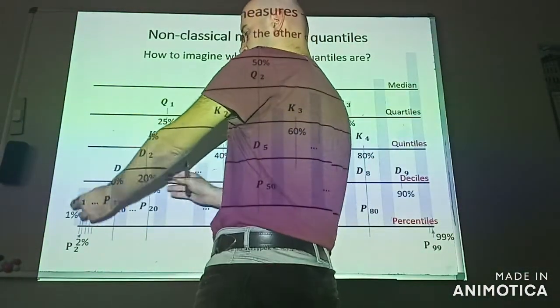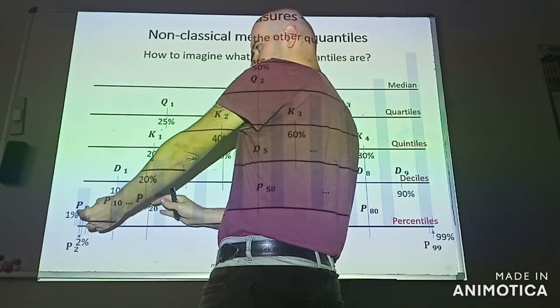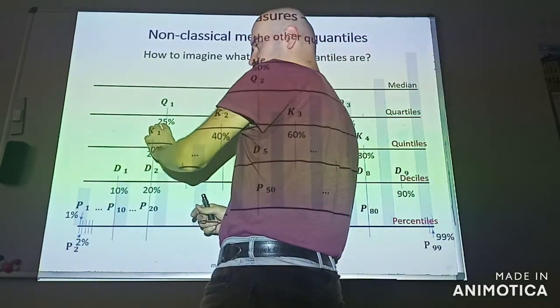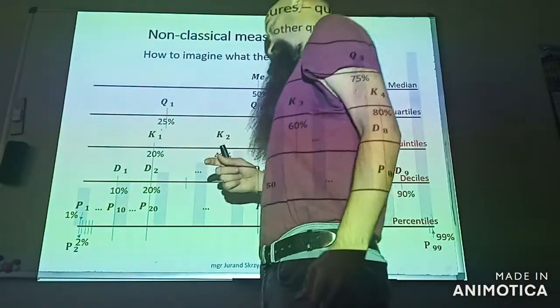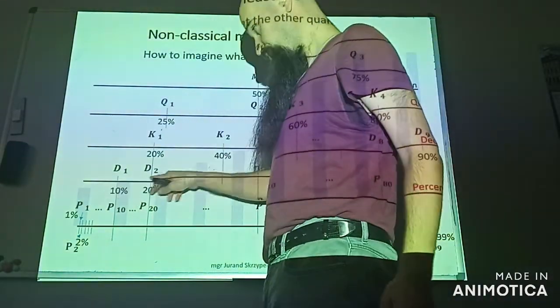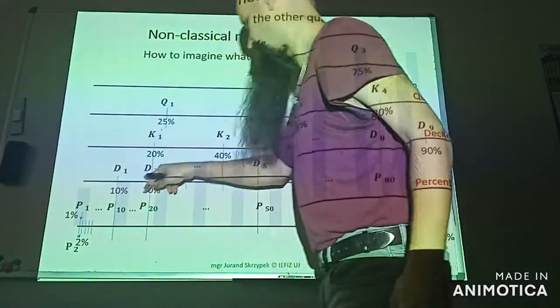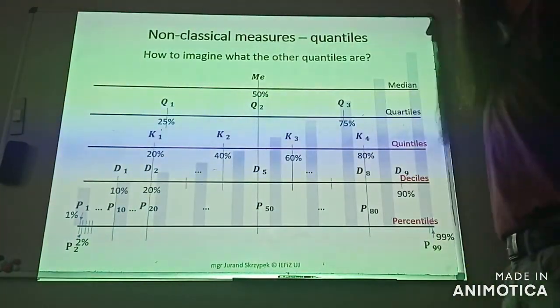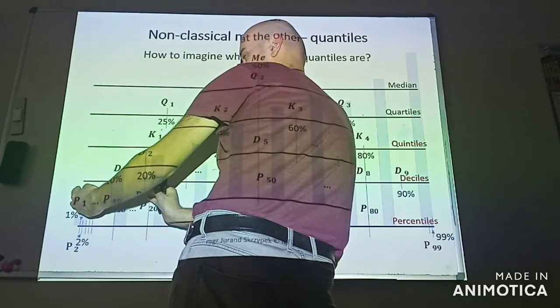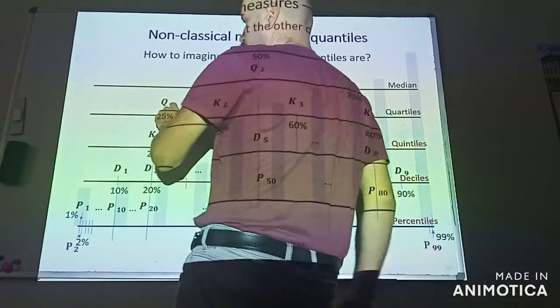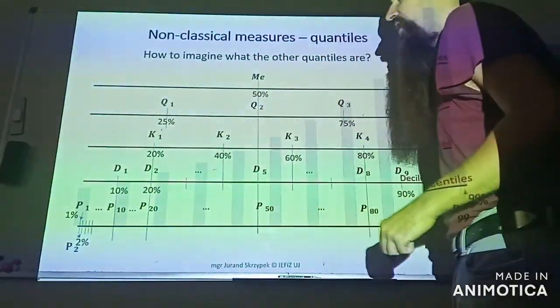Here we have the first quartile group, the first 25% of the population, the first 25% of the lowest values in the statistical series. These 25% of the values are not greater than the first quartile.